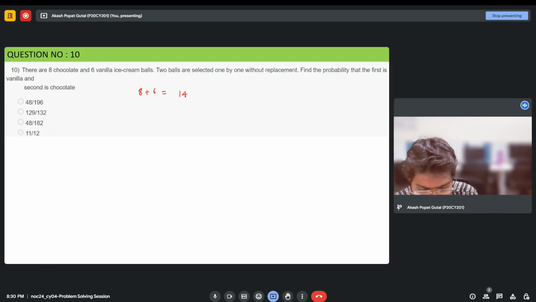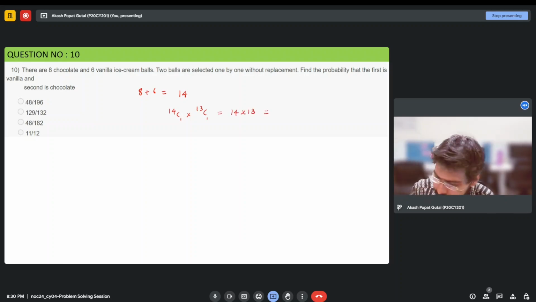The total number of ways of selecting in this fashion is 14C1 times 13C1, because it's without replacement. That gives you 14 times 13, which is 182.